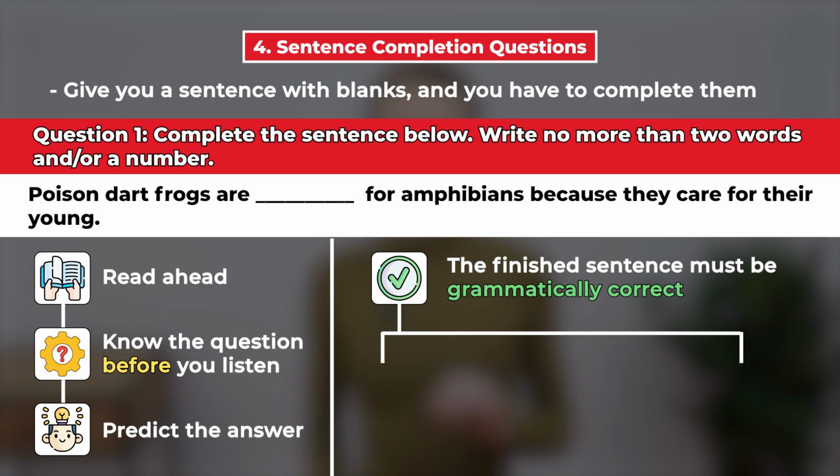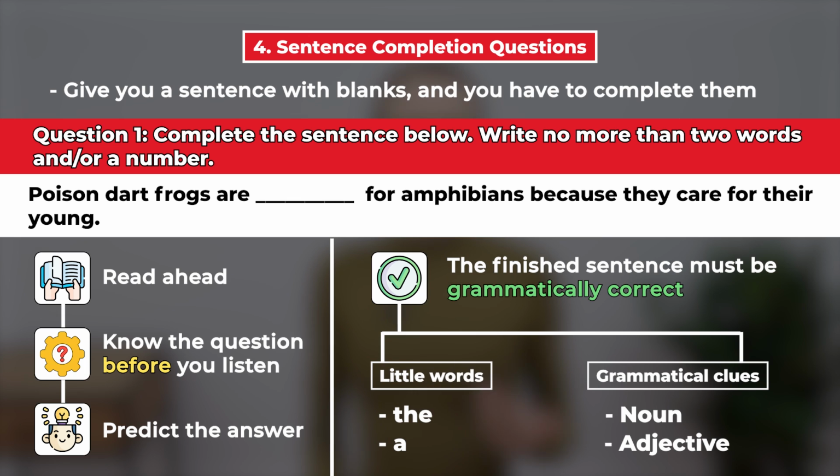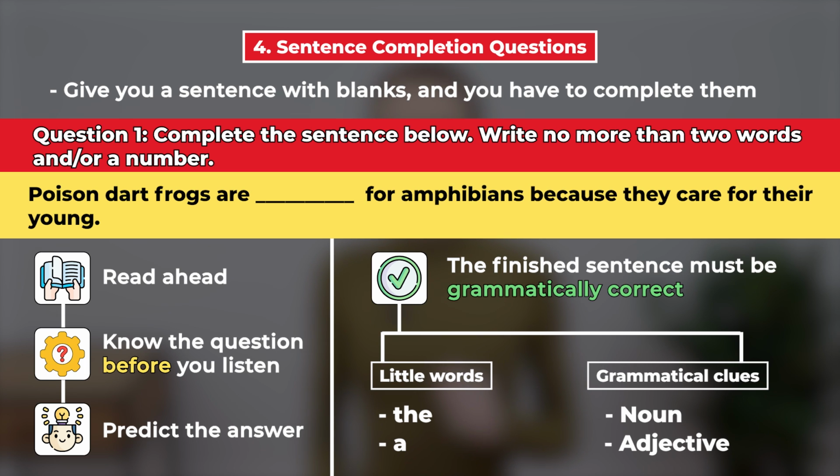So you must pay attention to little words like the and a. Use grammatical clues like looking for a noun or an adjective. For example, if you have a closer look at this sentence, you'll realize that the correct answer may be an adjective that shows what the frogs are, such as unusual.